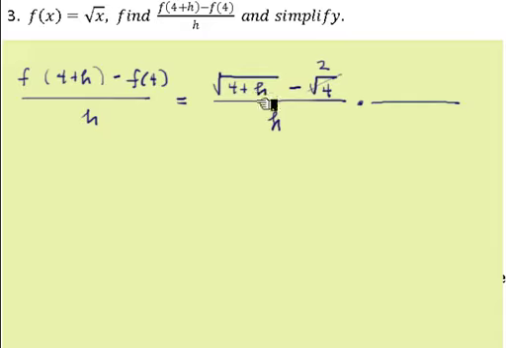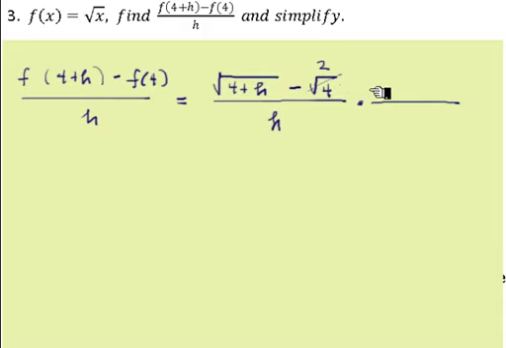So the conjugate of this numerator, square root of 4 plus h minus 2, would be the same thing, except we replace the subtraction symbol by an addition symbol, and that's what we mean by the conjugate. In general, the conjugate of a plus b is a minus b. Or the opposite is true too. The conjugate of a minus b is a plus b. So when we have a subtraction, the conjugate would be the same thing with an addition.